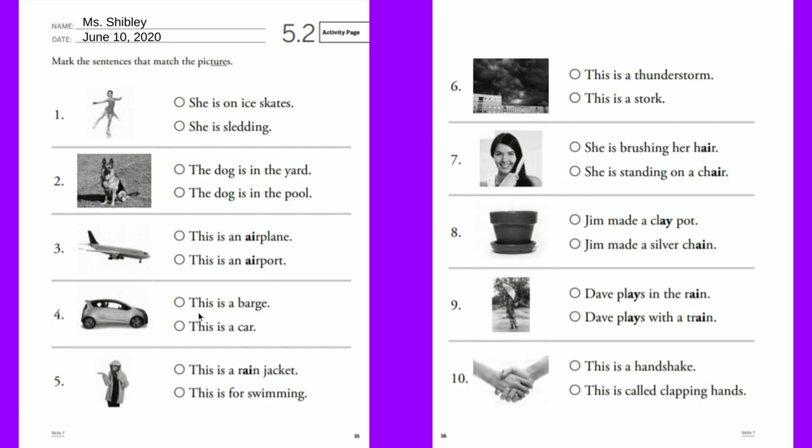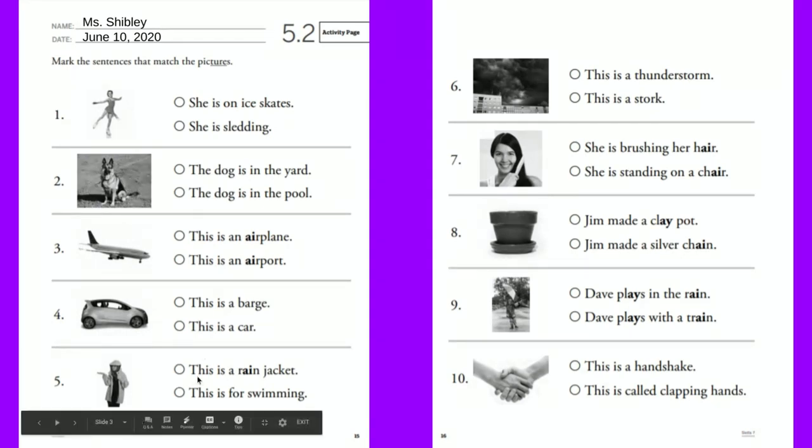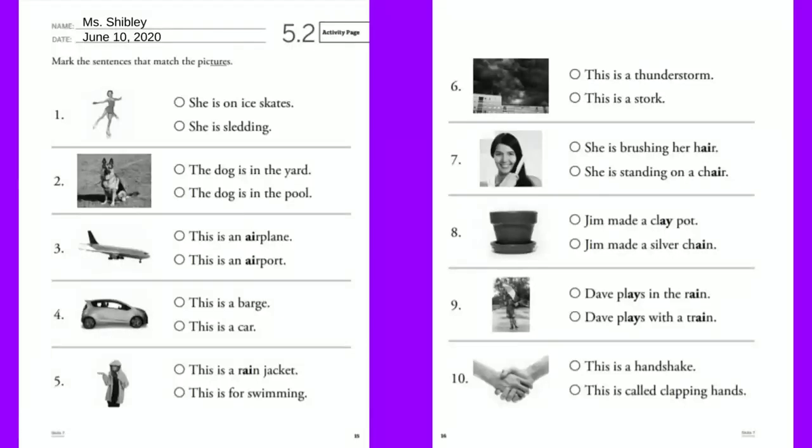Number 4, this is a barge. This is a car. Number 5, this is a rain jacket. This is for swimming. Turn the page.